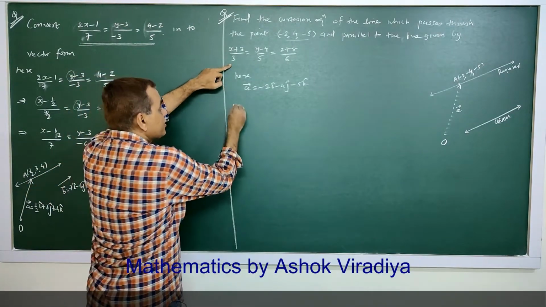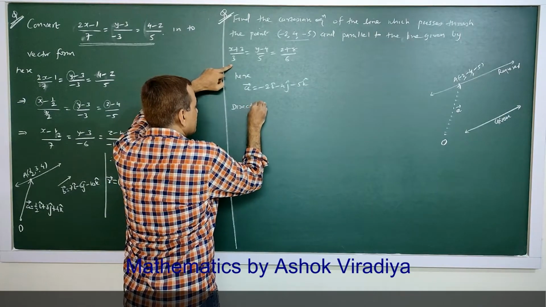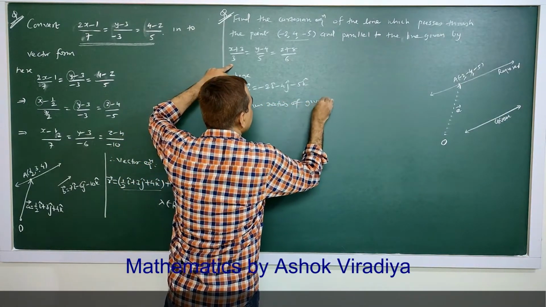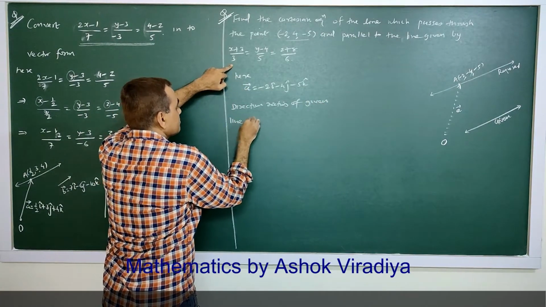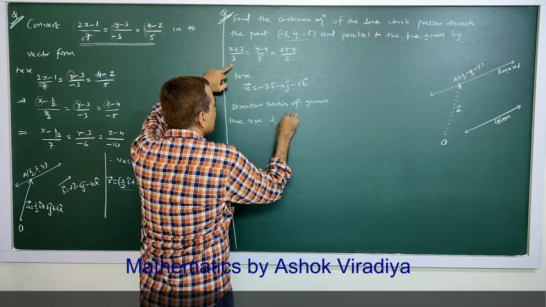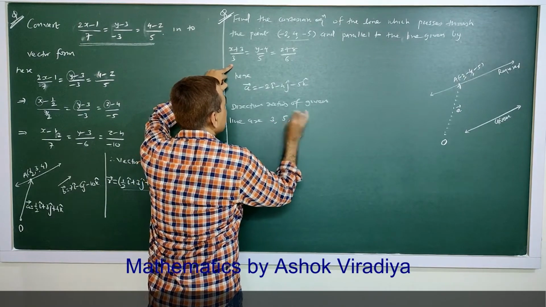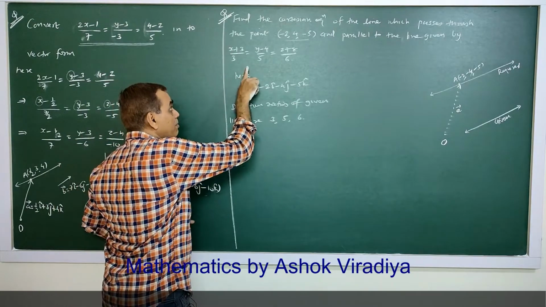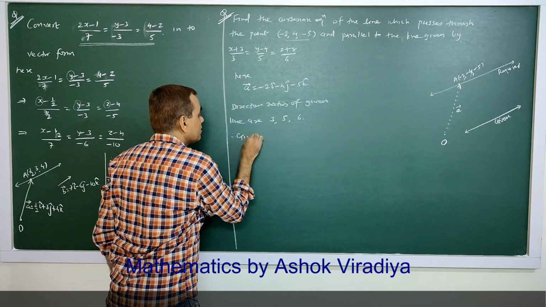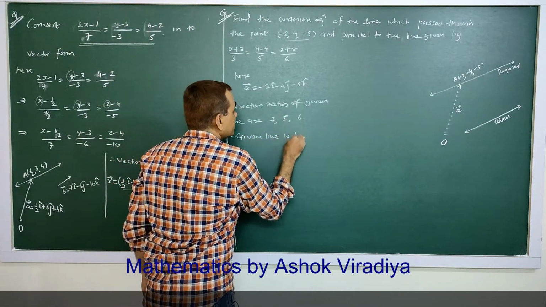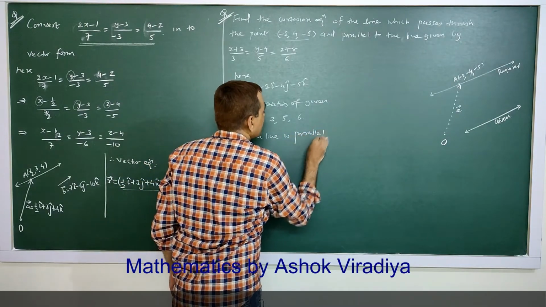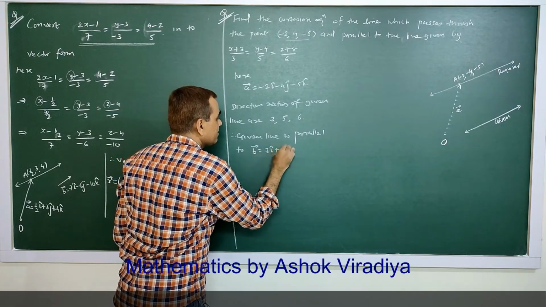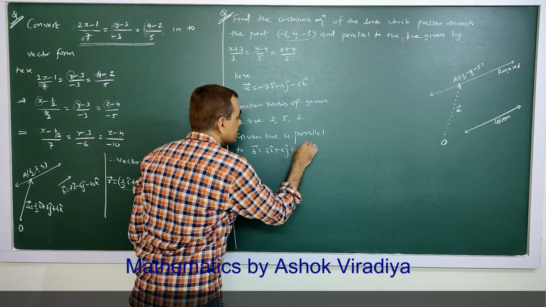So direction ratios of the given line are 3, 5 and 6. That means the given line is parallel to the vector 3i plus 5j plus 6k.